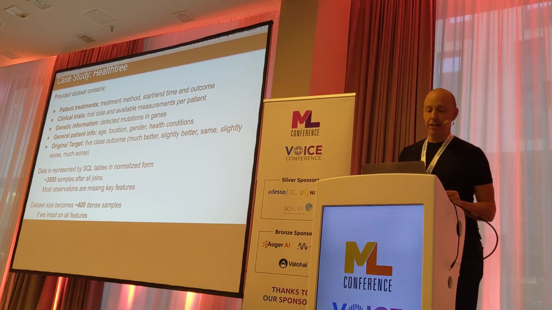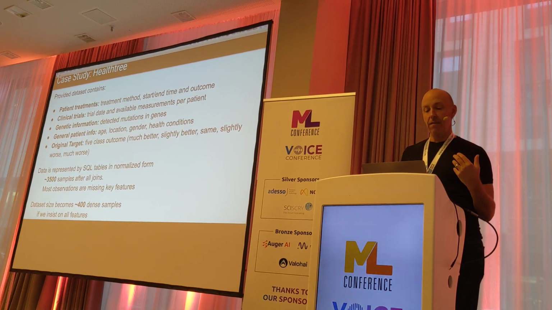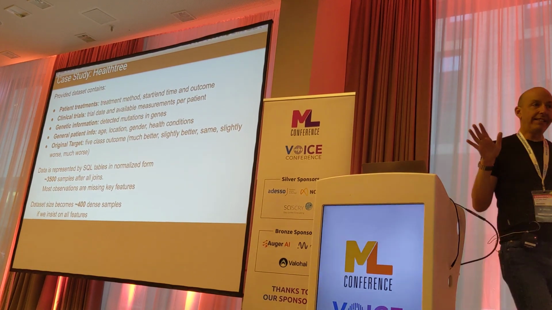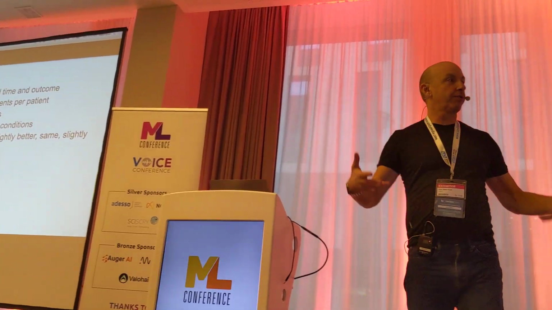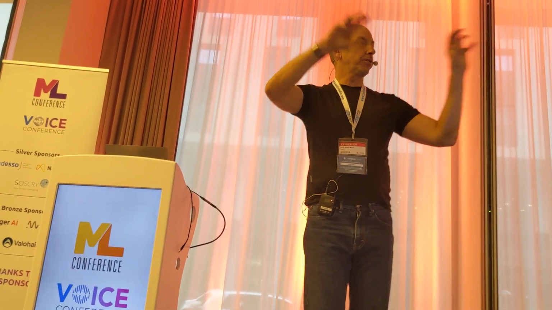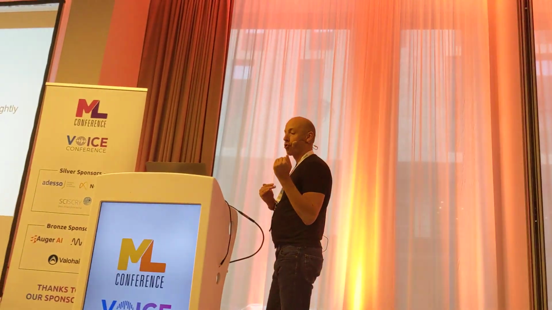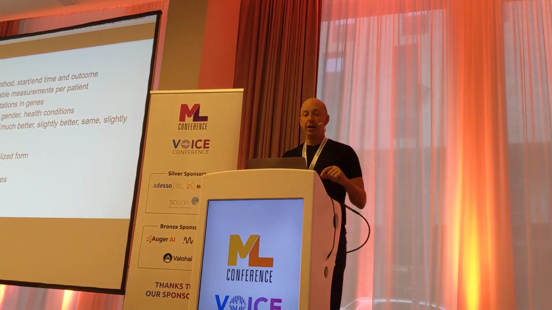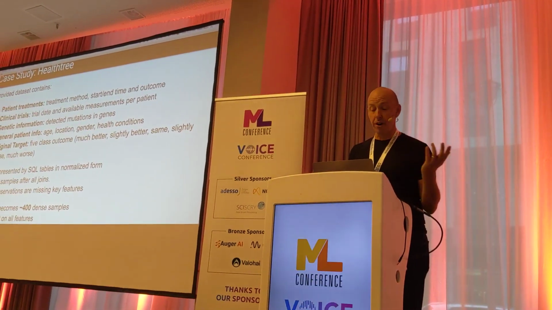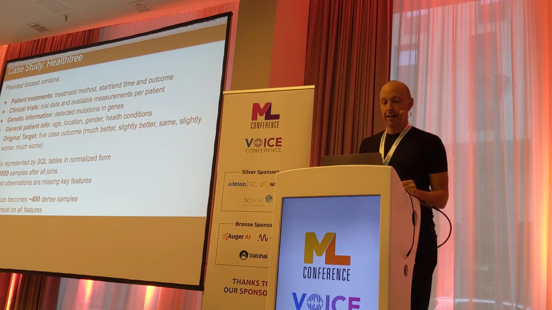The other thing I'm going to say to you about why AutoML is so powerful here is that this data, because it was patient-directed, some of the patients gave all the information, some didn't. So it's very spotty data. We had 400 treatments that were completely filled out, and we had 3,100 where there were lots of gaps in the data.